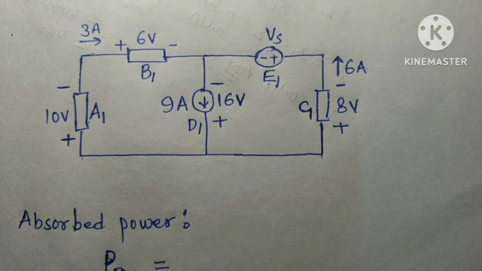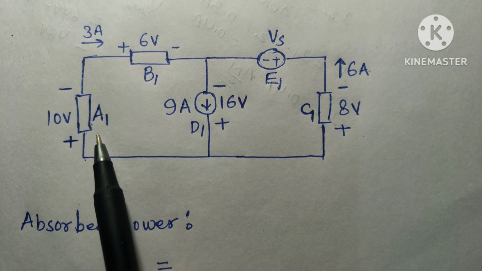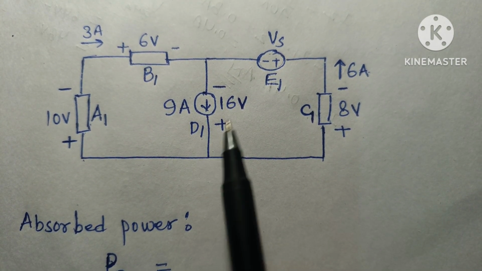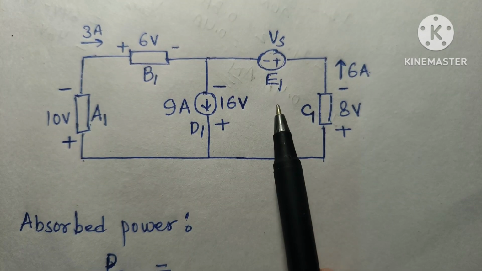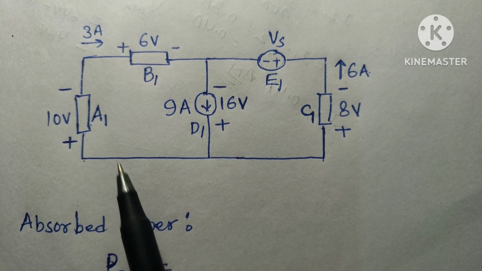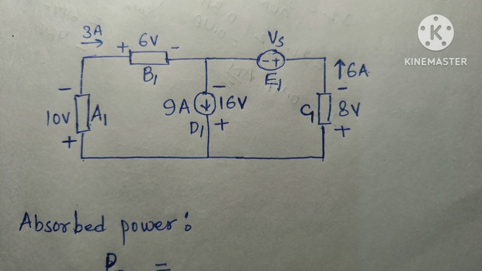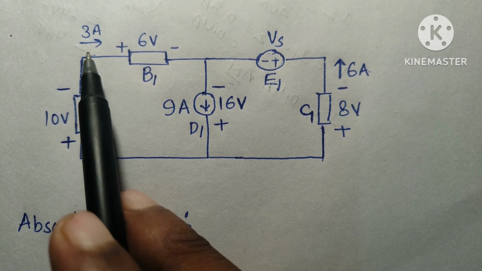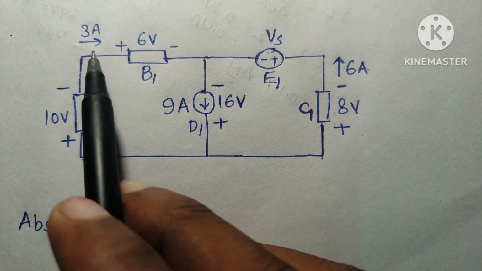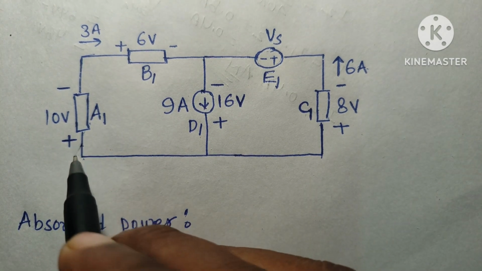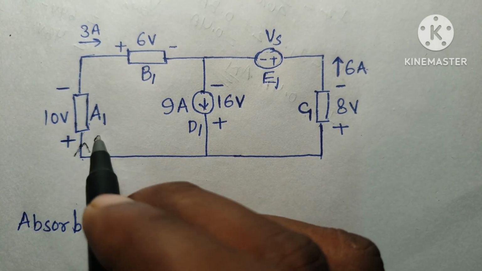In the given question, let us assume that this is the element A1, this is the element B1, this is the element C1, this is the element D1, and the voltage source is E1. We can find the absorbed power across element A1 by considering that the current is entering at the positive terminal, as here it is indicated that 3 ampere current is leaving the negative terminal, so it is entering at the positive terminal.